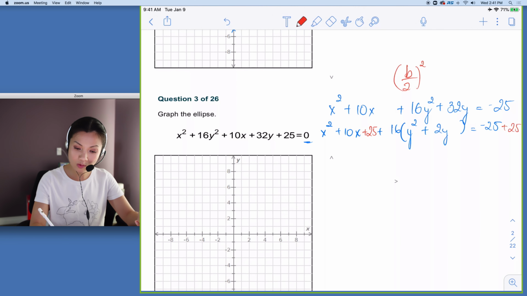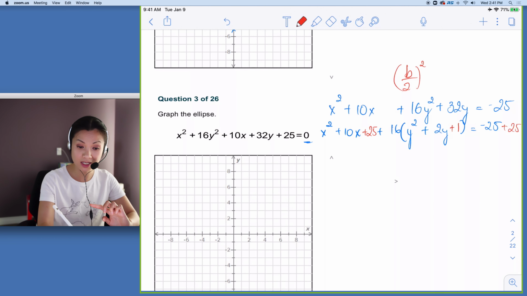For this one, 2 divided by 2 is 1, and 1 squared is 1. However, you are not supposed to add 1 on the other side, because don't forget you have the 16 outside of the parenthesis. So technically you have 16 times 1 here, and you're going to have to add 16 over here.